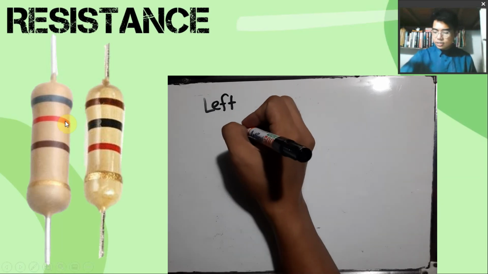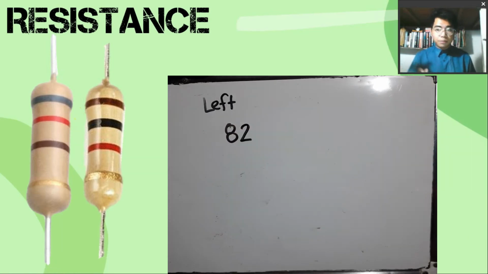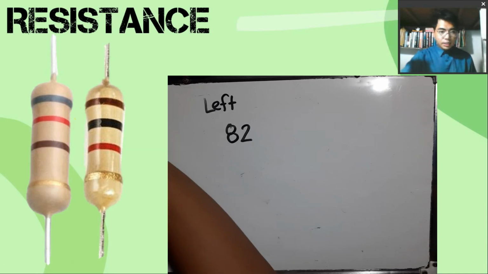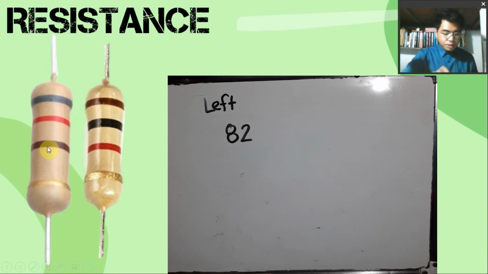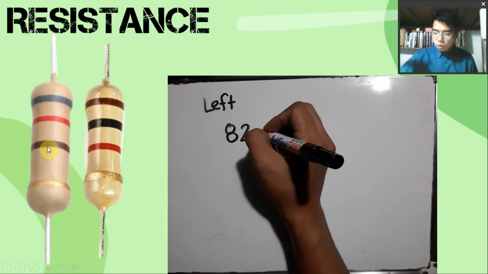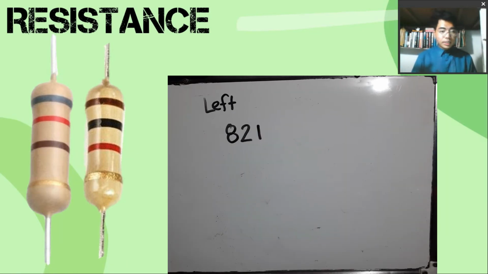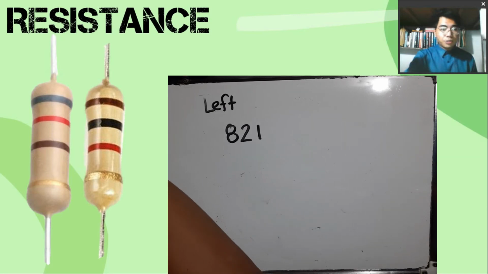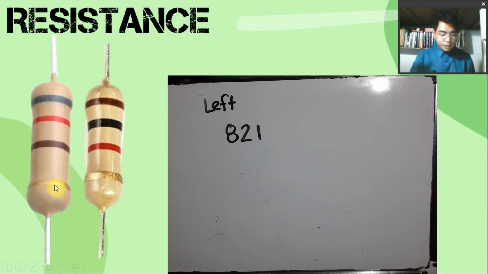Red is equivalent to number 2. Then, the next band is brown. Brown is equivalent to 1. The next part, we can observe here the presence of the fourth band. And the fourth band is now equivalent to color gold.